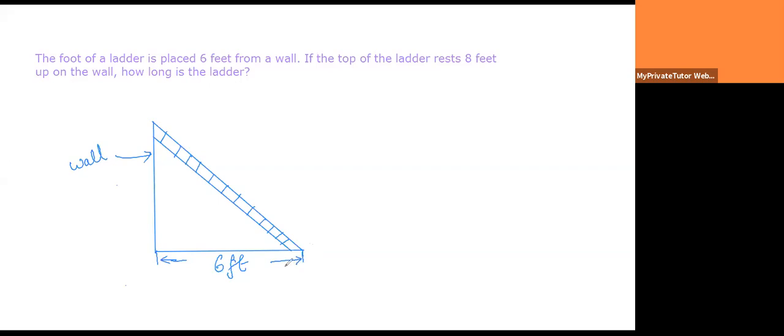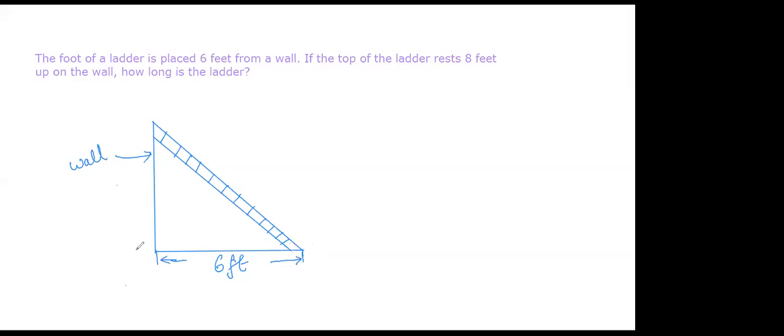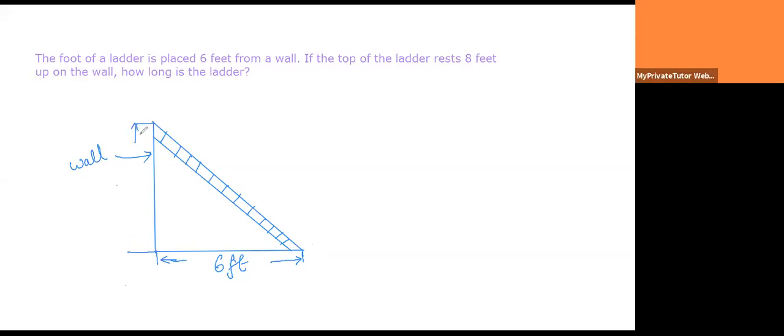What else is given, guys? 8 feet, the height on the wall till the point where the ladder rests. And they're asking us to find the length of the ladder.